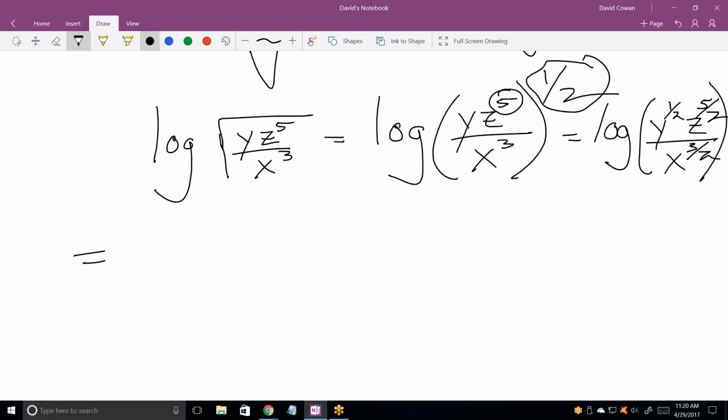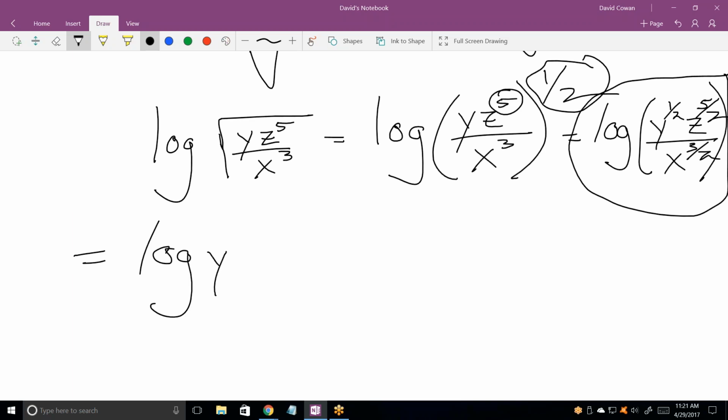Now, that being my first step, let's use rules 1 and 2. In other words, let's separate these into 3 log functions. We're going to have the log of the first function, which is this. And then what's going to come next? Because y is multiplying z, a plus sign. I'm adding the log.